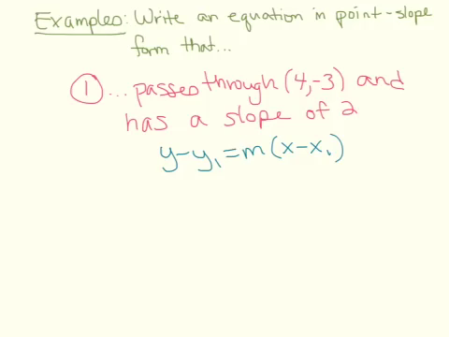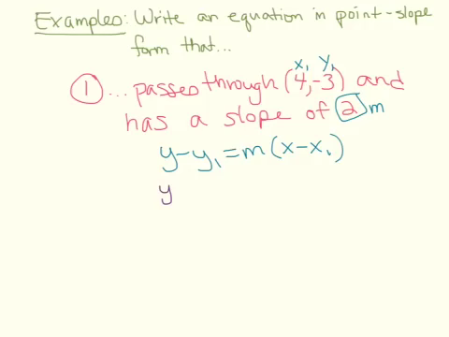Now I need to figure out what is my m, what is my x1, and what is my y1. If you remember from our previous section, the m is the slope, so that 2 is m. x1 and y1 are these two coordinates. All you do is take your equation, plug in the values, and you'll get your answer.